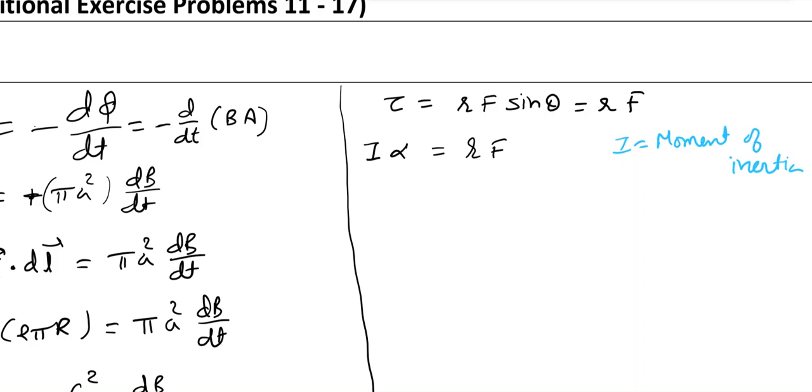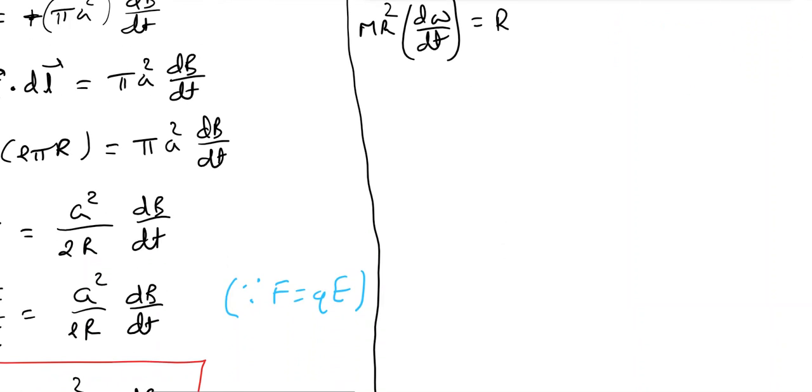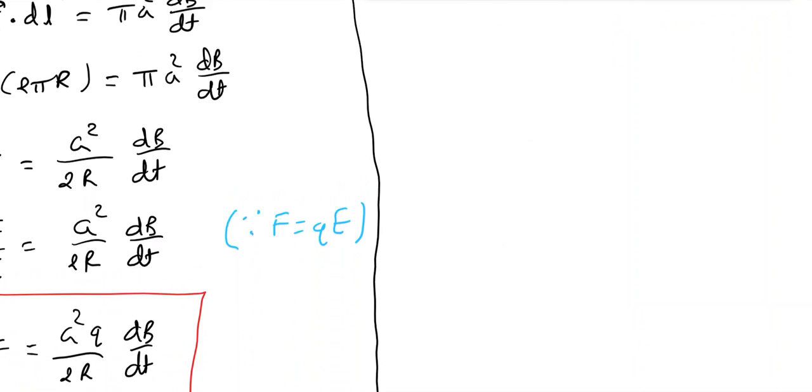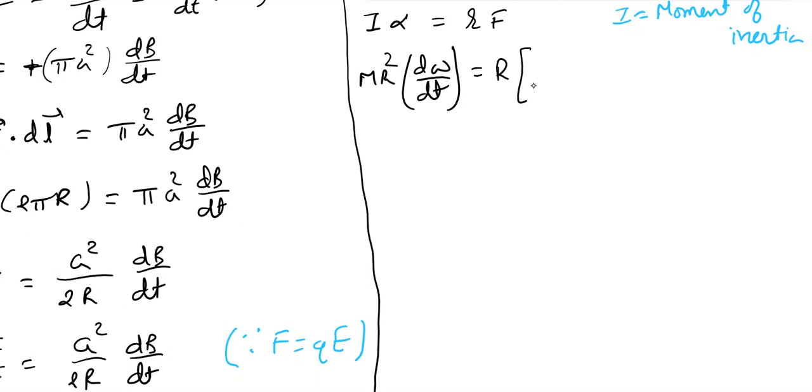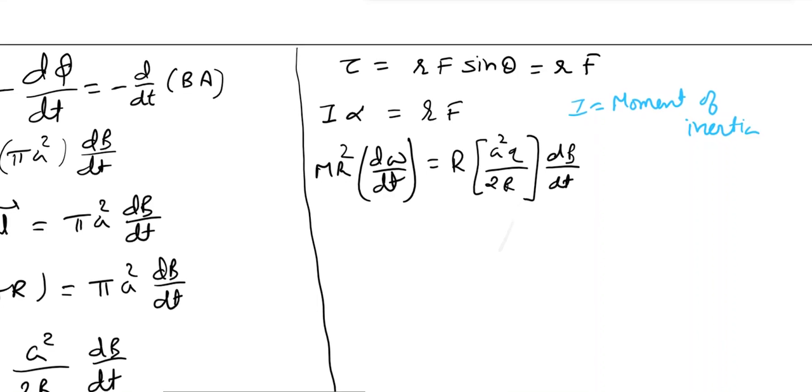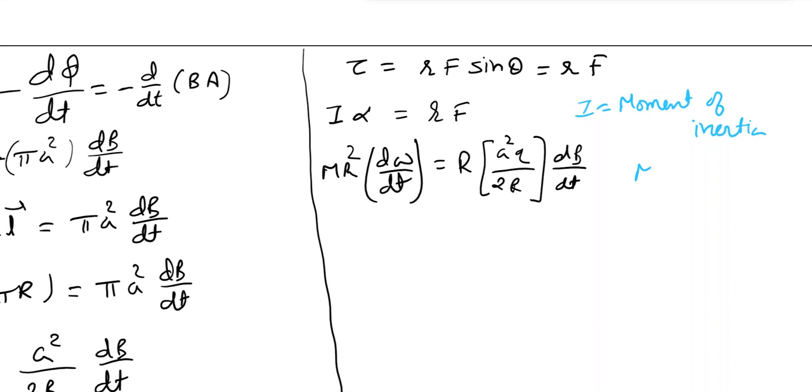The moment of inertia is m R square, alpha is d omega by dt, the angular acceleration, R is the radius of the ring, and the force is, from the previous equation, a square Q by 2r into dB by dt. Again, m is the mass of the ring.